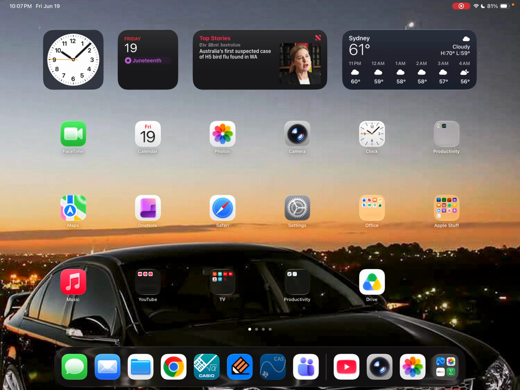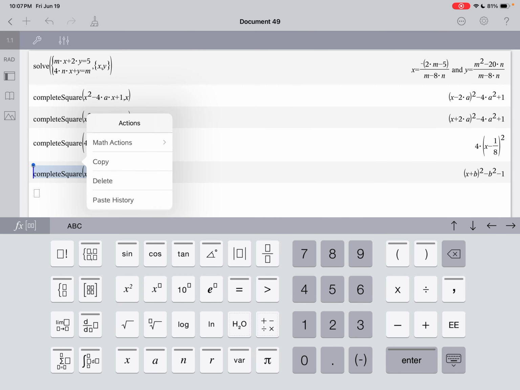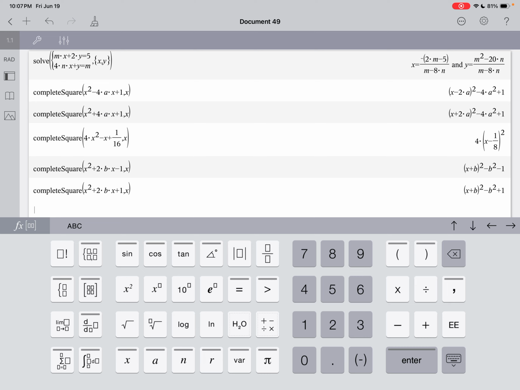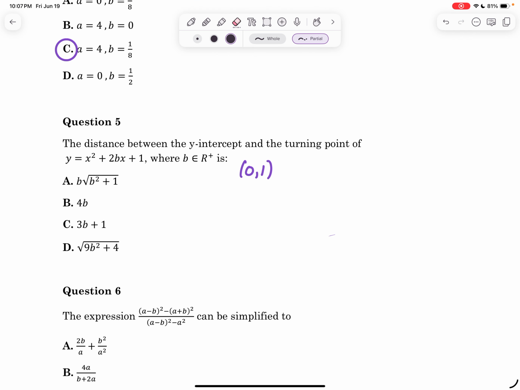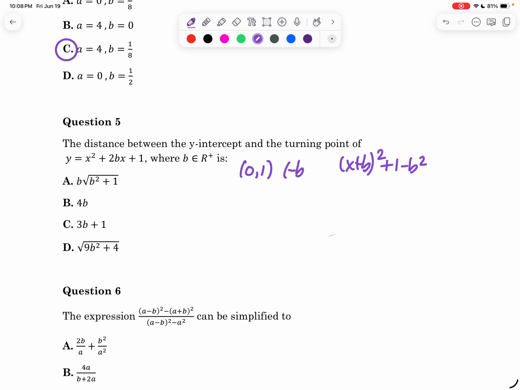Plus 1. It's easier for you because you'll have the sheet and the calculator. Okay, x plus b, squared, minus b squared. So the other point is negative b, and then the y value is 1 minus b squared. So we need to find the distance between those points.